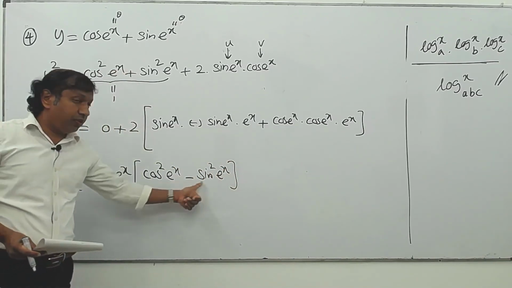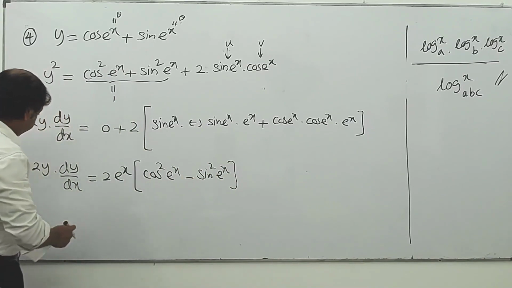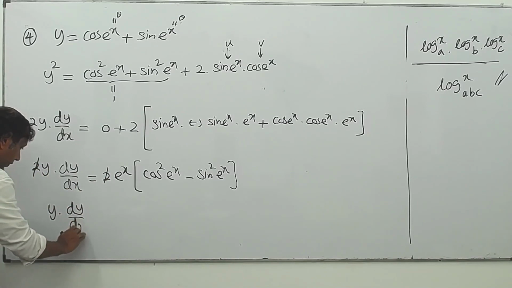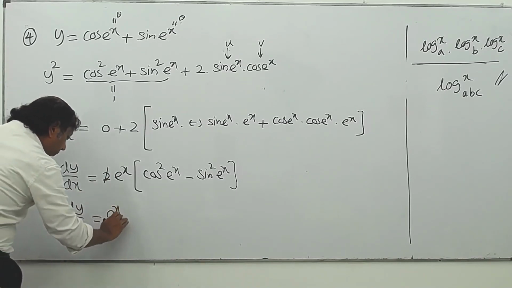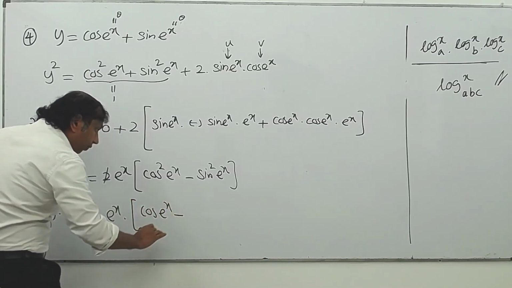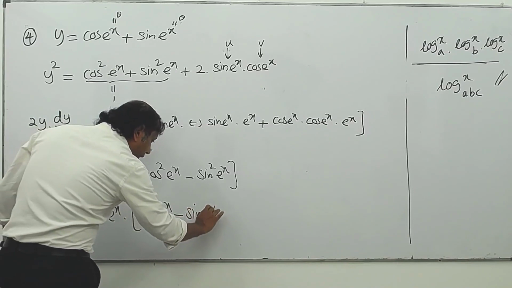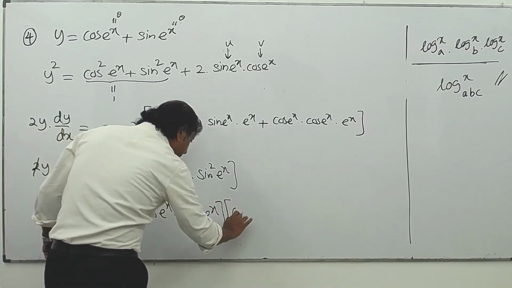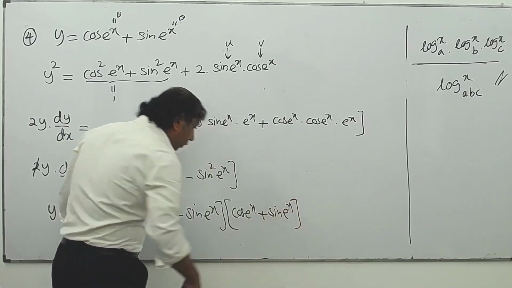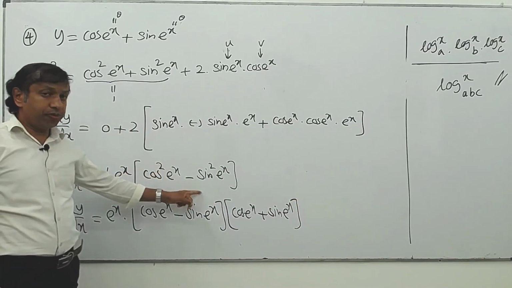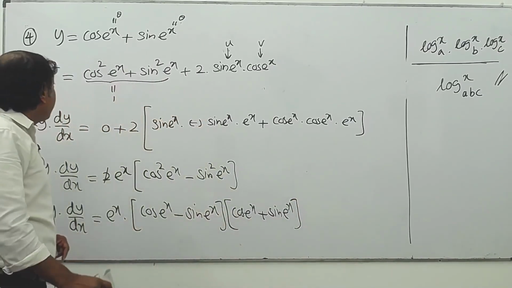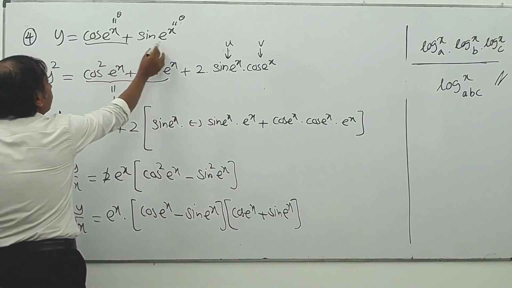Now this one is a difference of 2 squares, factorize that. 2 and 2 you can cancel. y times dy by dx equals x. What do you get here? cos x minus sin x into cos x plus sin x. This is like a squared minus b squared. What are the factors? a minus b into a plus b. Then here cos x plus sin x.